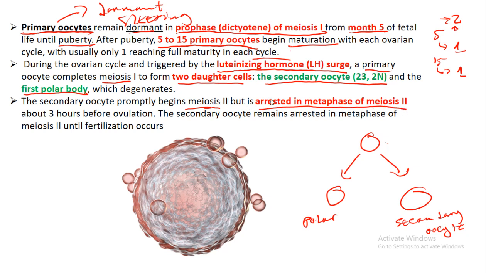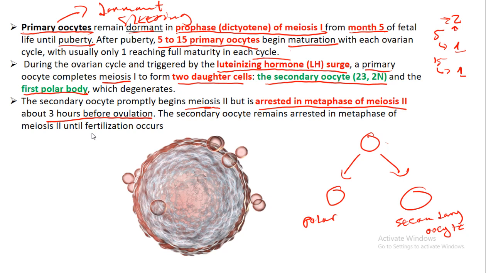So how many times does the oocyte get arrested? Twice. The first is the primary oocyte, which is arrested at prophase 1. The next is the secondary oocyte, which is arrested at metaphase 2, which is normally 3 hours before ovulation.